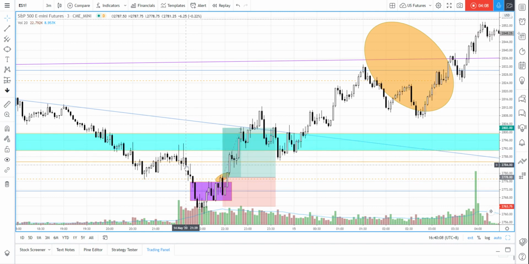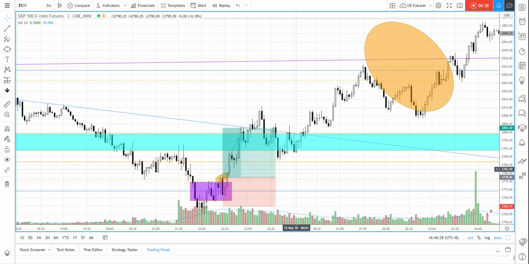Just after that, we have a follow-through to the downside and a dip below the non-RTH low, and eventually a dip below this swing low at 2771, breaking down with a bearish bar. But you can see it's only for a few bars, and subsequently it comes back up and has a test.